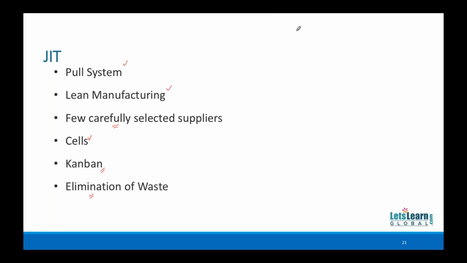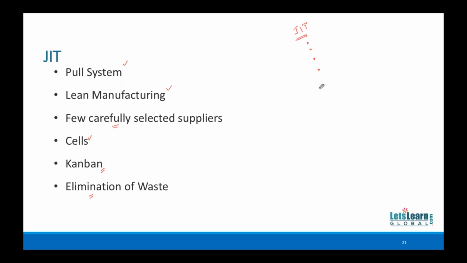The ultimate goal of JIT is elimination of wastage. In addition, you must also know the JIT advantages: it eliminates wastage, recognizes the human force, obsolescence can be avoided, and labor turnover can be minimized.